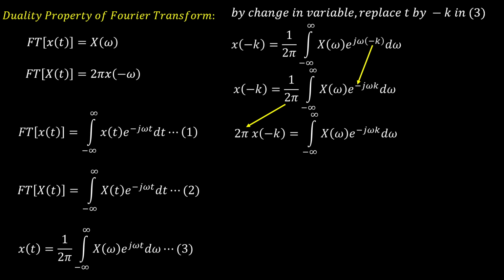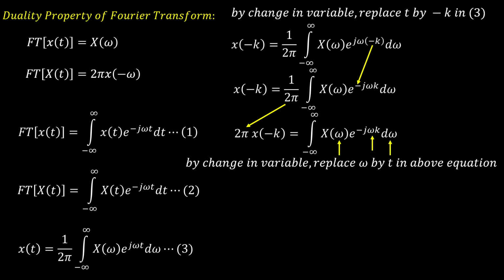Now, in this expression, we will replace omega by t. These three omegas are replaced by t. So, this will be the modified expression where the 3 omegas are replaced by t. Now, if we compare expression 4 with expression 2, we can see that this k is acting as omega.